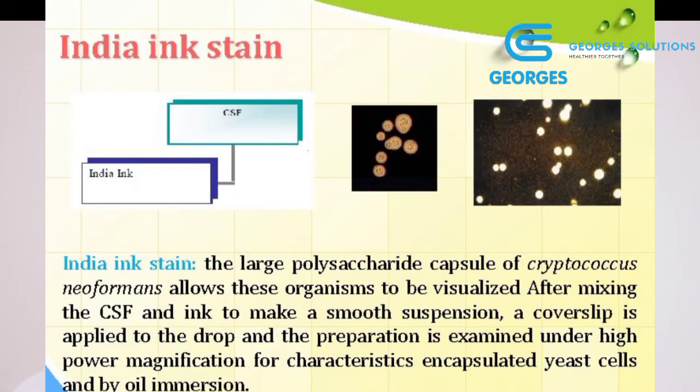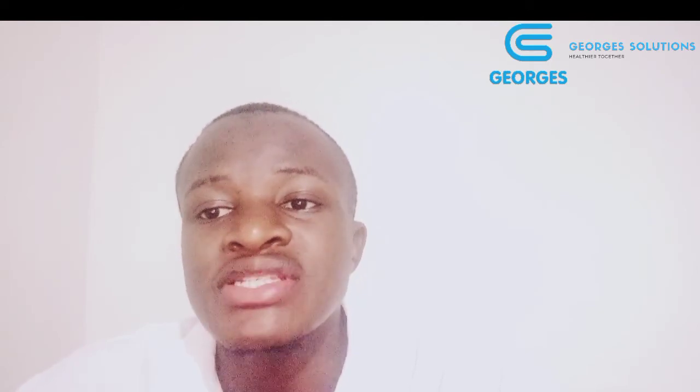The clinical interpretation of CSF: a large number of polymorphs can be as a result of pyogenic meningitis caused by Neisseria meningitidis, Haemophilus influenzae, pneumococci, streptococci, staphylococci, coliforms, sometimes viruses, and rarely fungi.